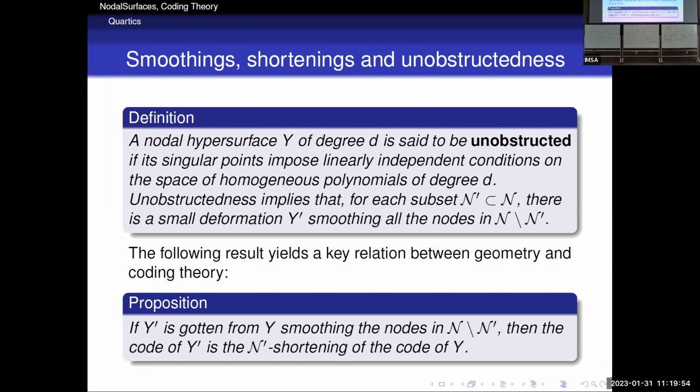And so unobstructedness is the key result of the deformation theory, which puts a link between geometry and coding theory. If Y prime is gotten from smoothing the nodes in N minus N prime, then the code of Y prime is the N prime shortening.